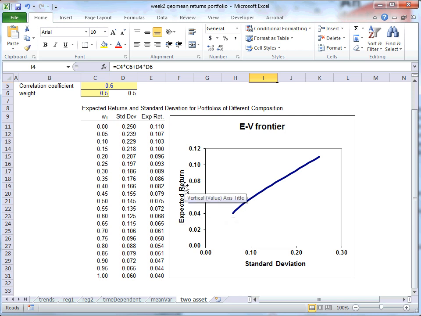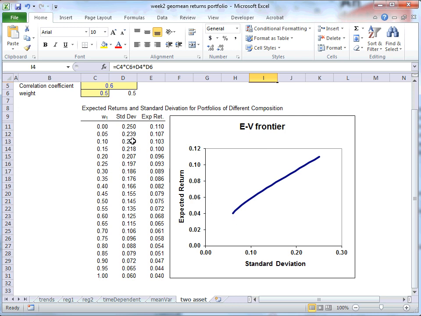Exactly the same as how we showed the utility function. This blue line here gives different portfolios and a combination of those portfolios and the trade-offs that we can get between standard deviation and expected returns.